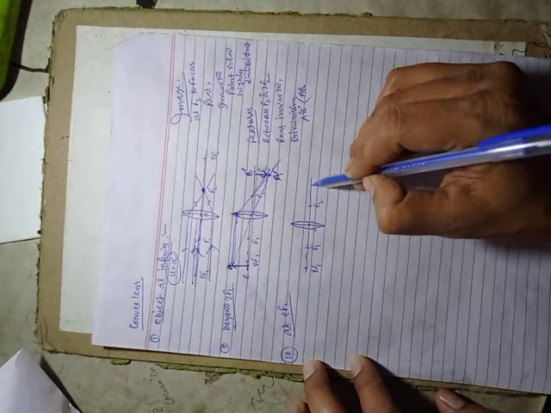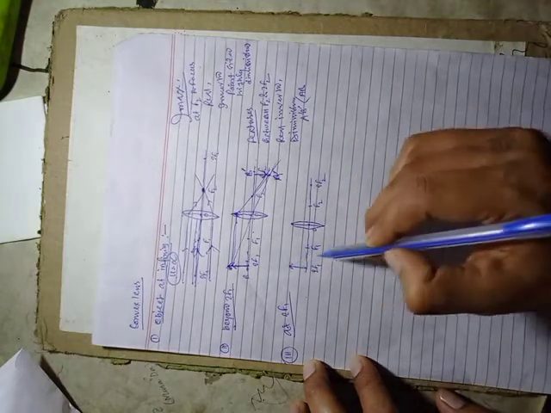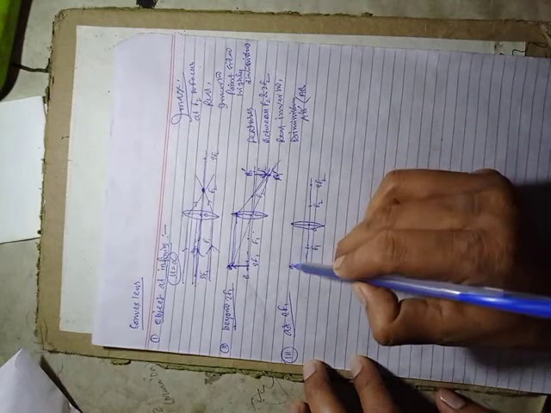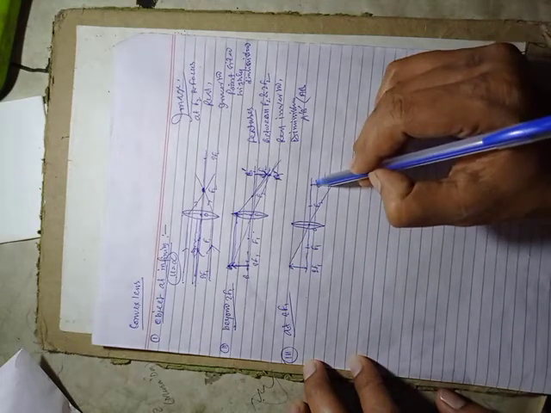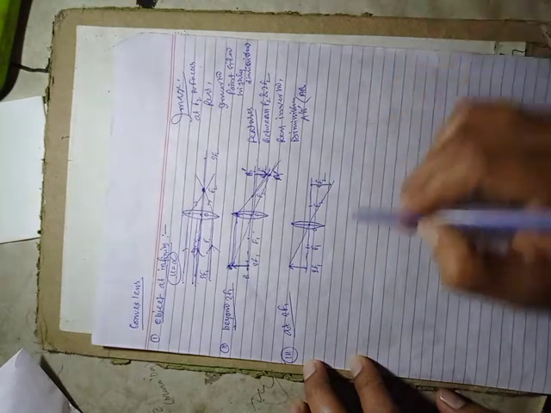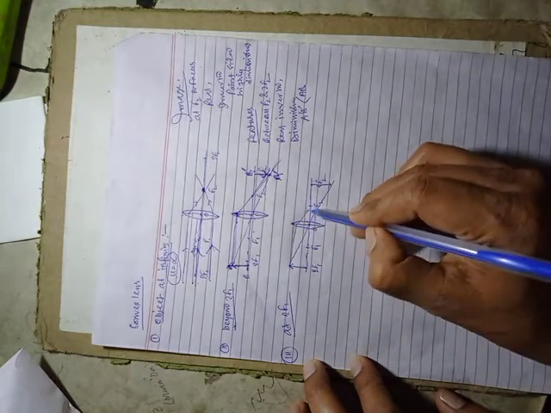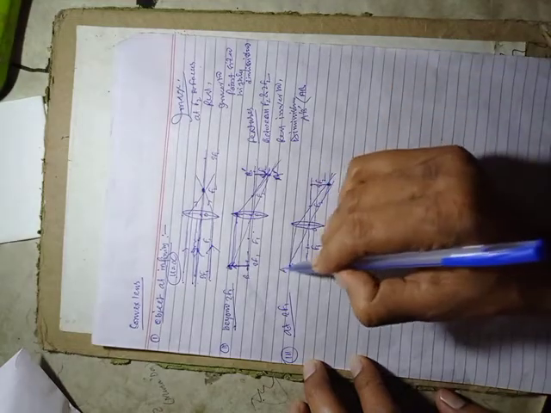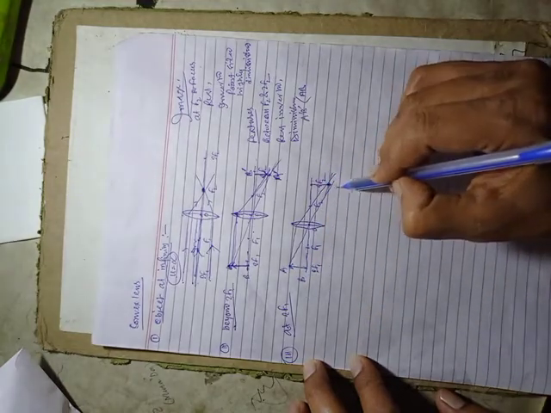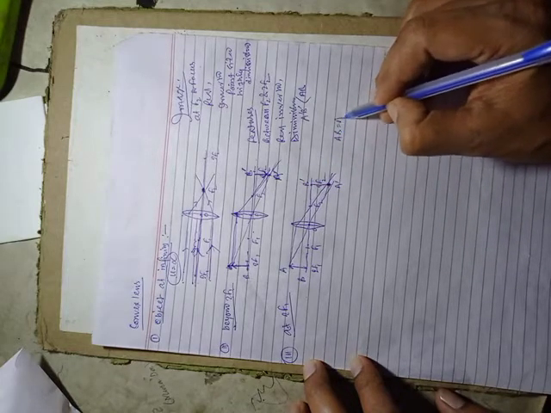Students must remember 2f2, I am just making you understand. At 2f1, we consider two rays. One passes through the optical center along the principal axis, and another is refracted and passes through f2, and they both meet here at 2f2. AB is equal to A dash B dash.